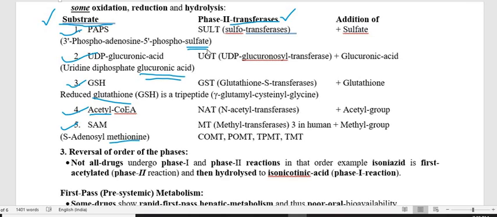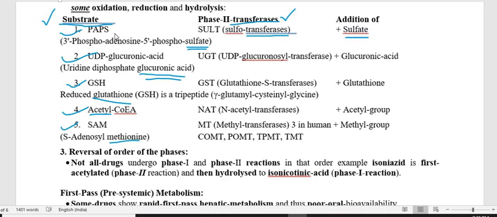These endogenous substances or substrates attach with the drug with the help of the transferase enzyme, and accordingly the name of the enzyme is also there. And what is added to the drug is mentioned here.